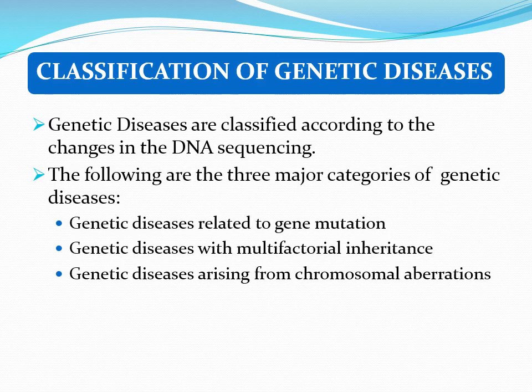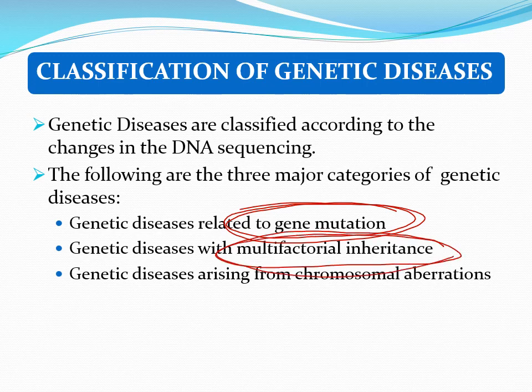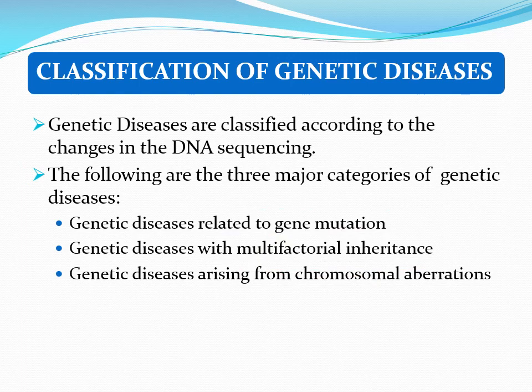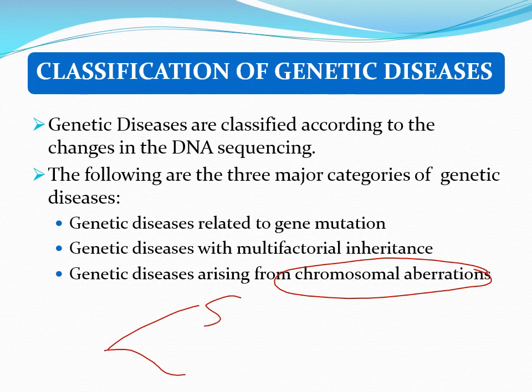Okay, coming now to classify these genetic diseases. As I said, we have those which occur due to gene mutation. The second, we have those which occur due to multifactorial inheritance. And the last, we have those which occur due to chromosomal aberration. When I say chromosomal aberration, I'm talking of abnormality of the chromosome. Abnormality of the chromosome, as I said, can be due to structural defect or number.